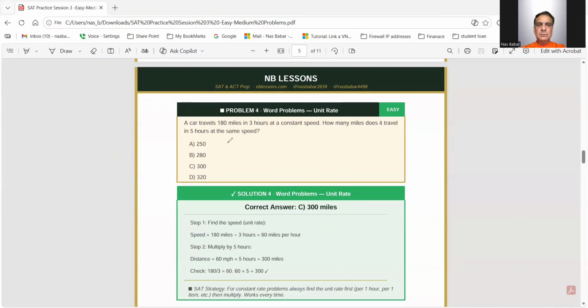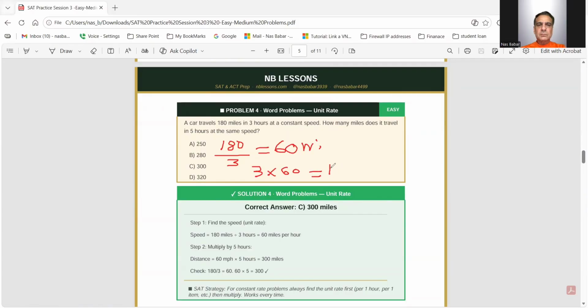So how do we find how much the car traveled in 1 hour? What you do is you divide 180 by 3, okay? That's going to give you 60. So the car travels 60 miles in 1 hour, right? So then if you want to find out how much it traveled in 3 hours, you multiply 3 by 60, and then you will get 180 miles.